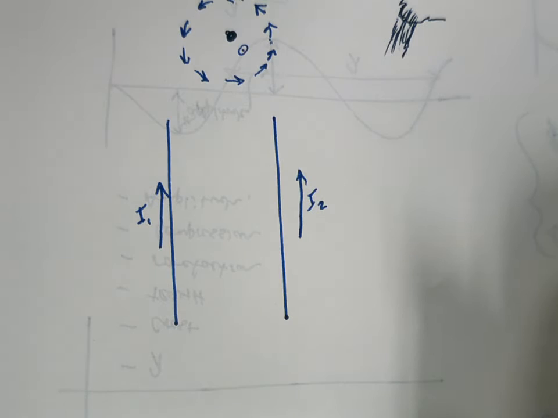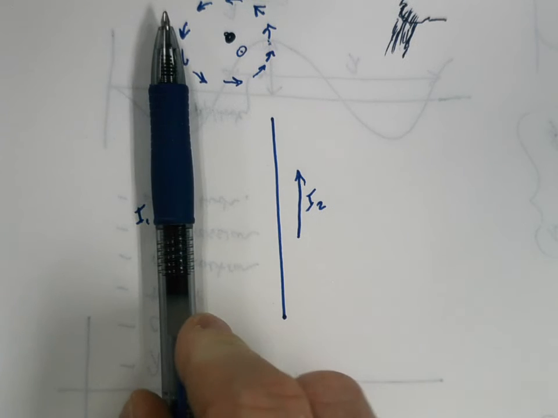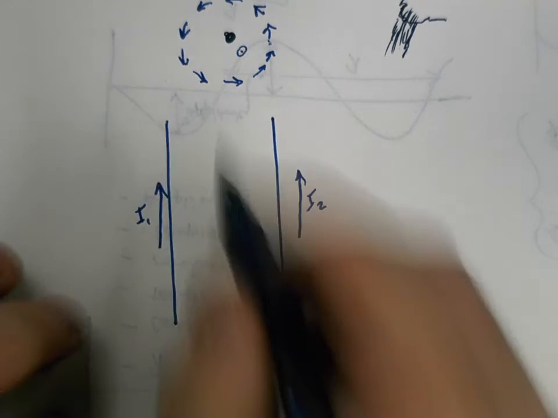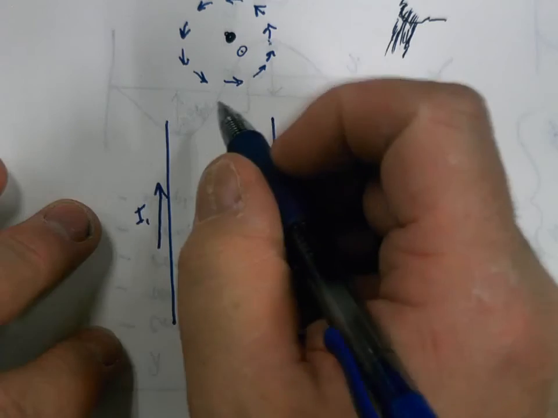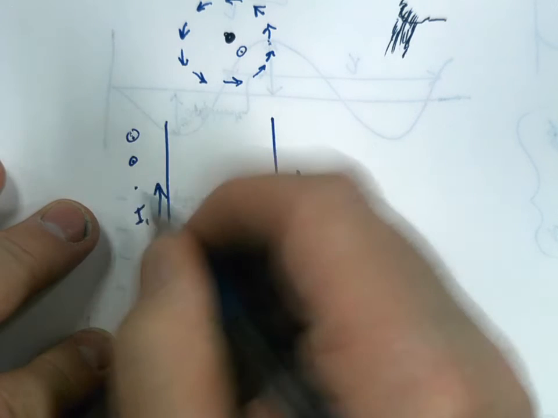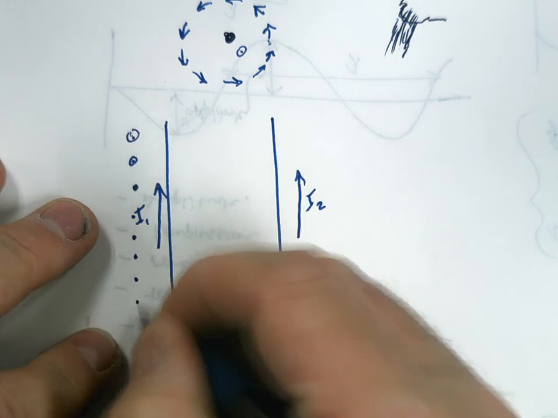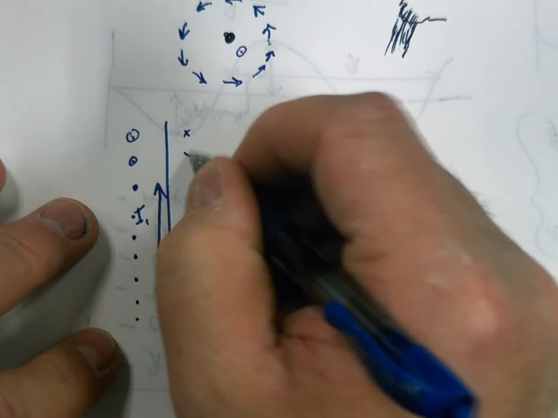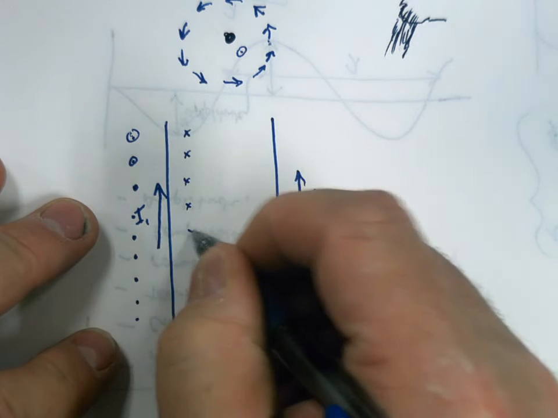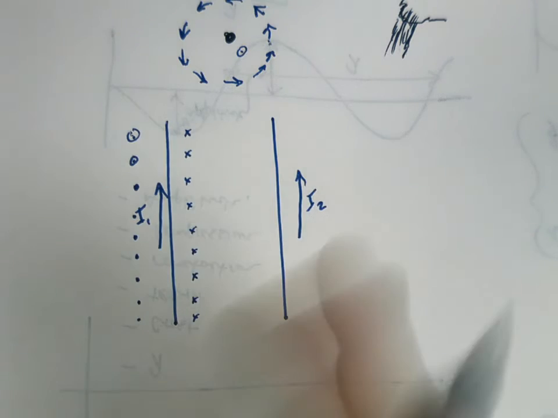If our current is going in this direction, the current is going in that direction, then out here, I'm just going to start drawing dots because I don't want to draw circles around all of them. So here it's coming out of the page, and inside, in between the two lines.